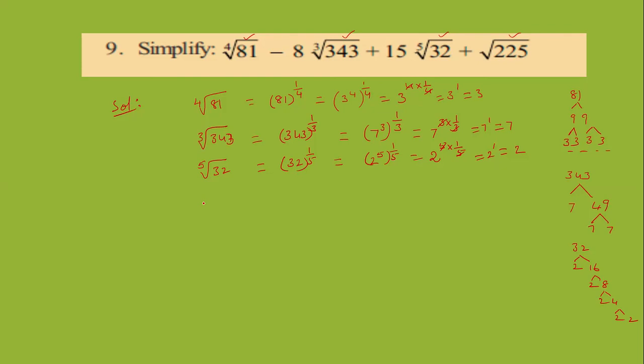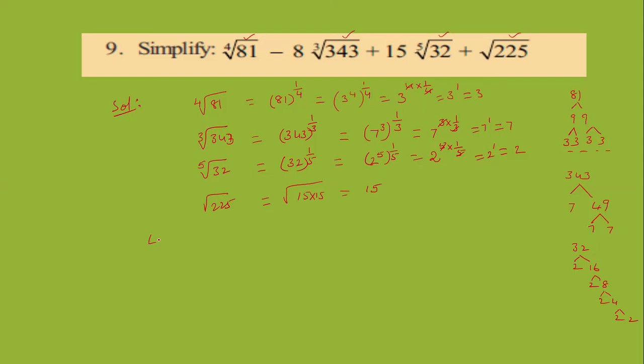So how many 2s do you get? 5. So 2 to the power of 5, to the power of 1 by 5. Here 5 and 5 are cancelled. The exponent is 1, that is 2 to the power of 1, that means 2.